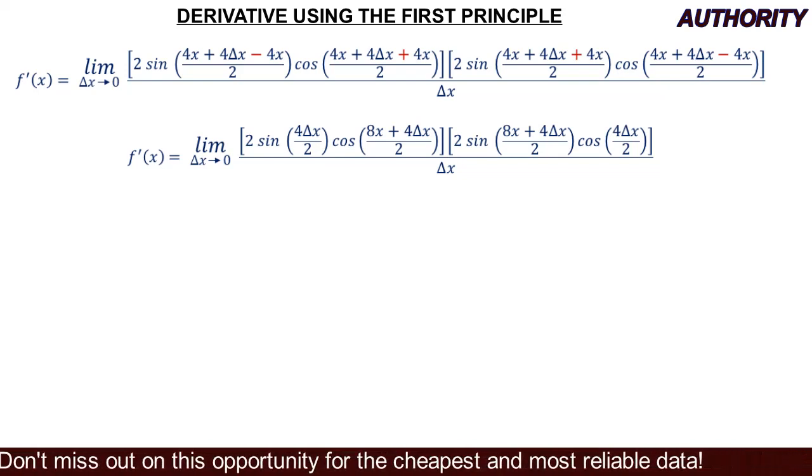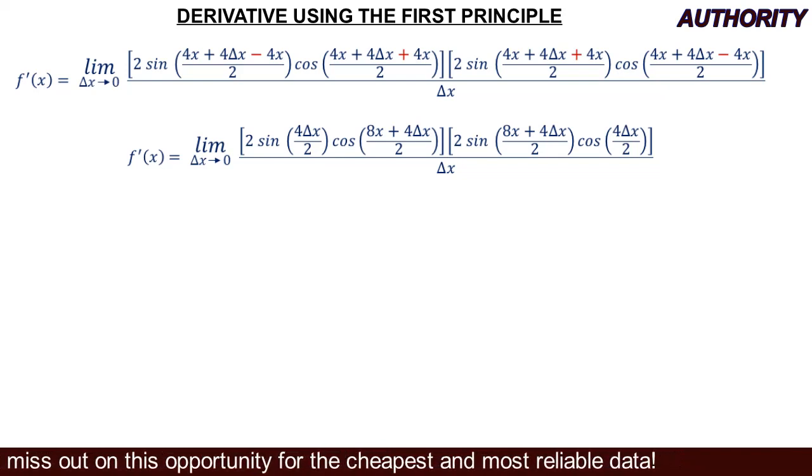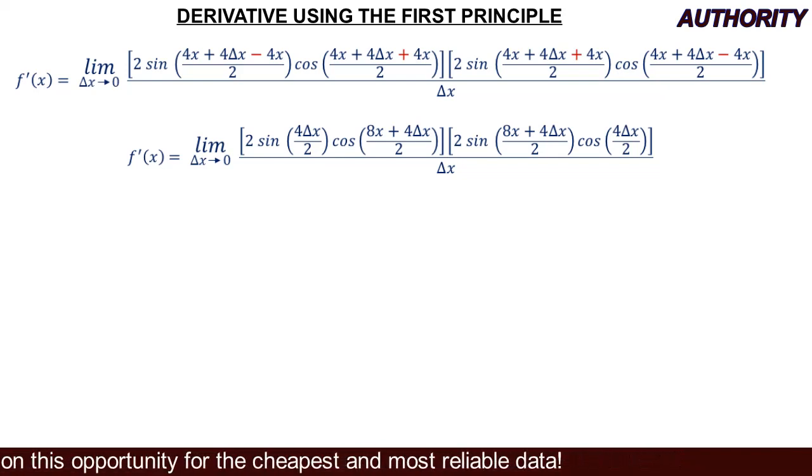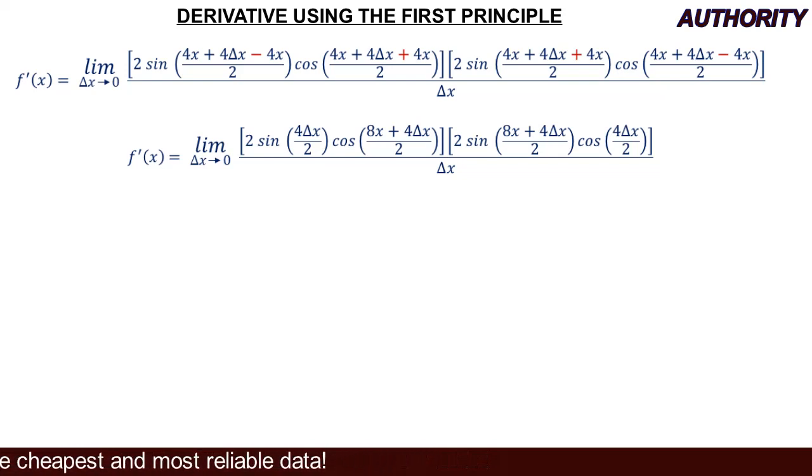Now let's go. In this case, we have 2 sine 4 change in x all over 2. And then the second part, we have 8x plus 4 change in x all over 2. Let's factor out 2 in the numerator here.